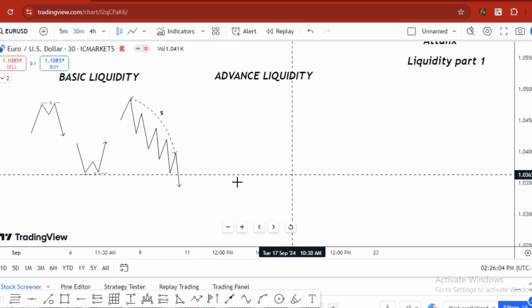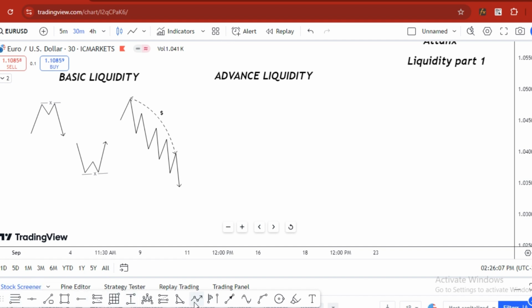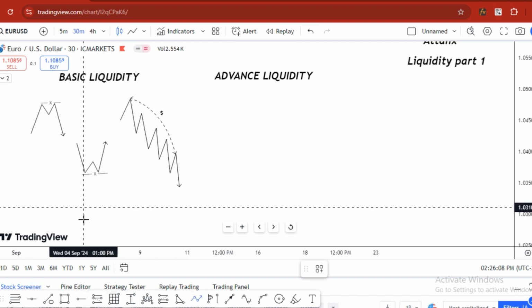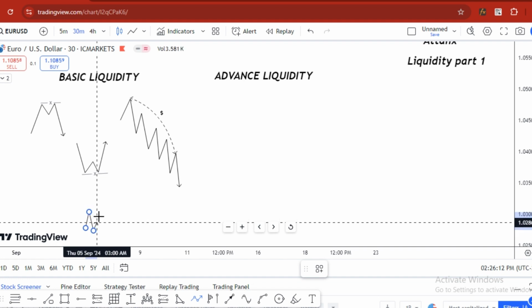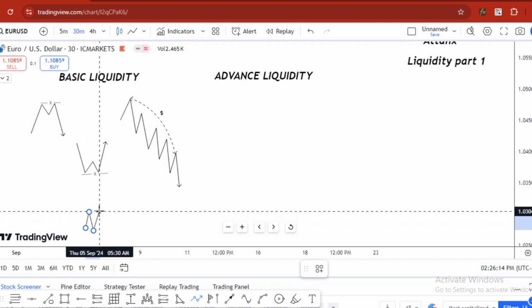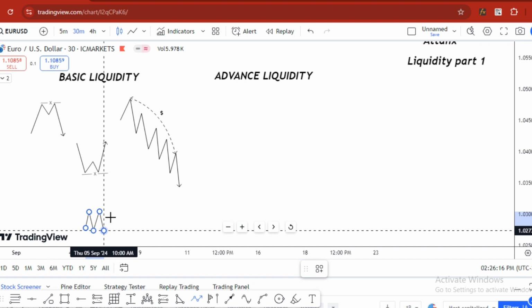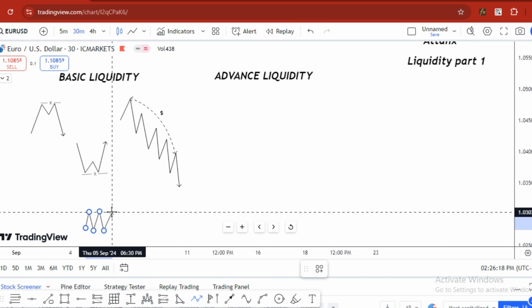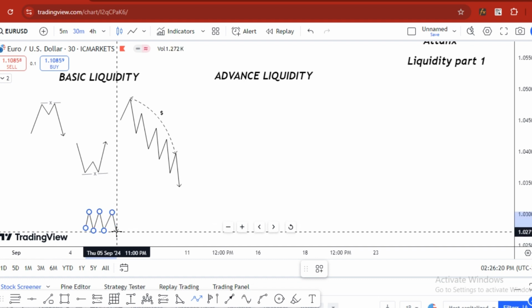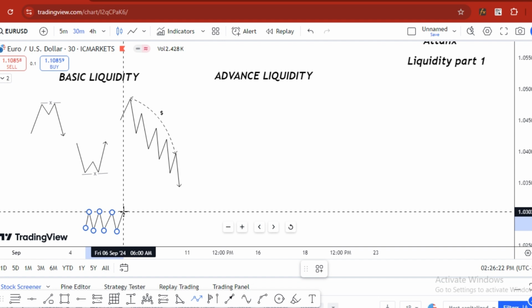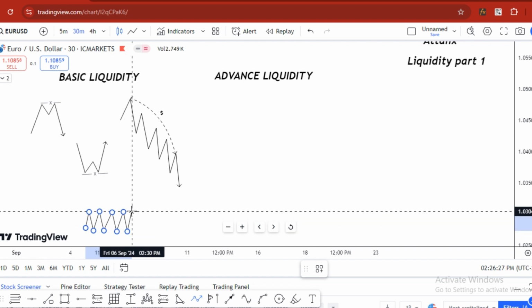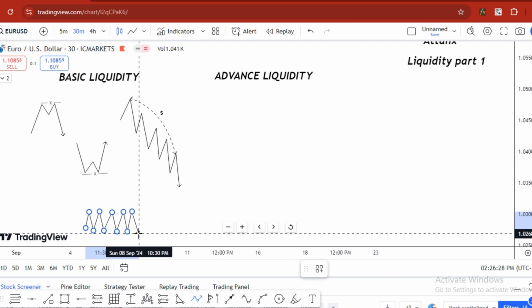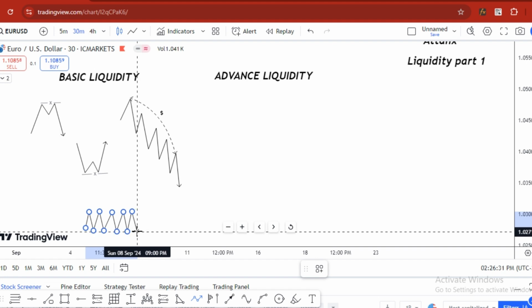We also have the consolidation, which is something like this, right? You see the market starts printing a build up, no specific direction, just keep on printing higher highs and higher lows, higher highs and higher lows, with no specific momentum or direction, right?